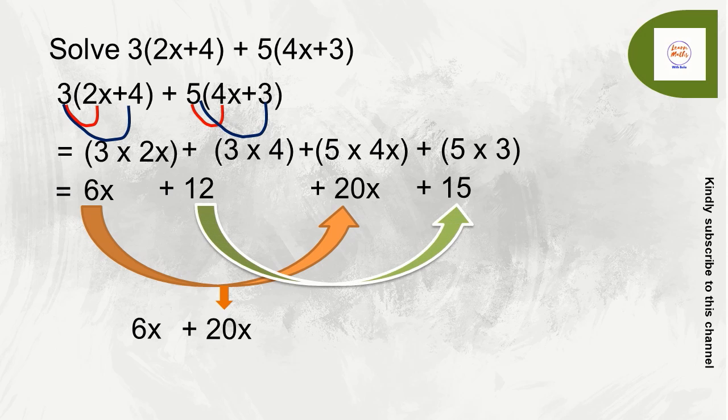Then we have 12 and 15 together to have 12 plus 15. So 6x plus 20x will be 26x, and 12 plus 15 will be 27.